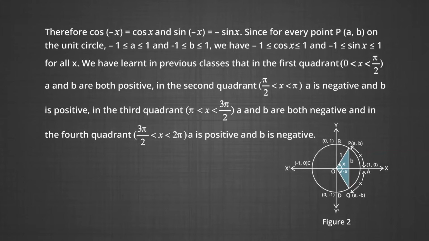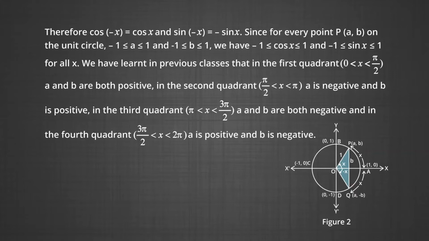We have learned in previous classes that in the first quadrant, that is when x lies between 0 to pi by 2, A and B are both positive. In the second quadrant, that is pi by 2 to pi, A is negative and B is positive. In the third quadrant, that is when x lies between pi to 3 pi by 2, A and B both are negative.